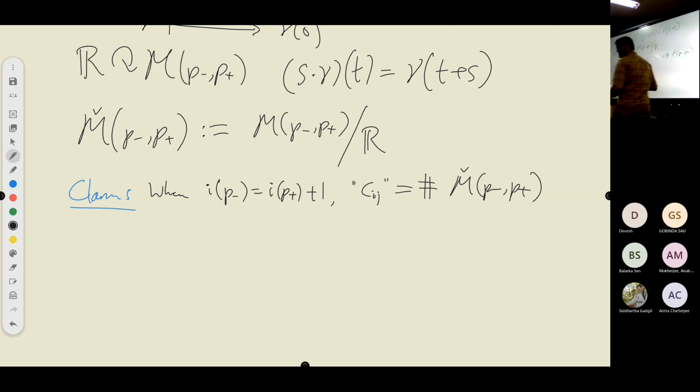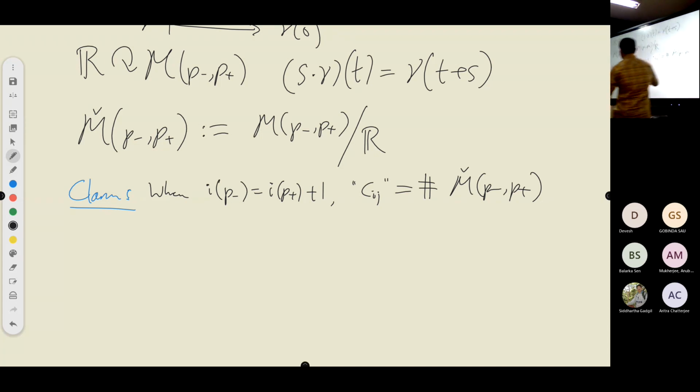Any questions at this stage? Yes, so did you assume some genericity for this Cij or we are just? To define Cij for your differential, you need to assume genericity, but what I wanted to say was that independent of genericity, just the definition itself, this makes sense on the rows. That cardinality will be infinite often, right? Yes.